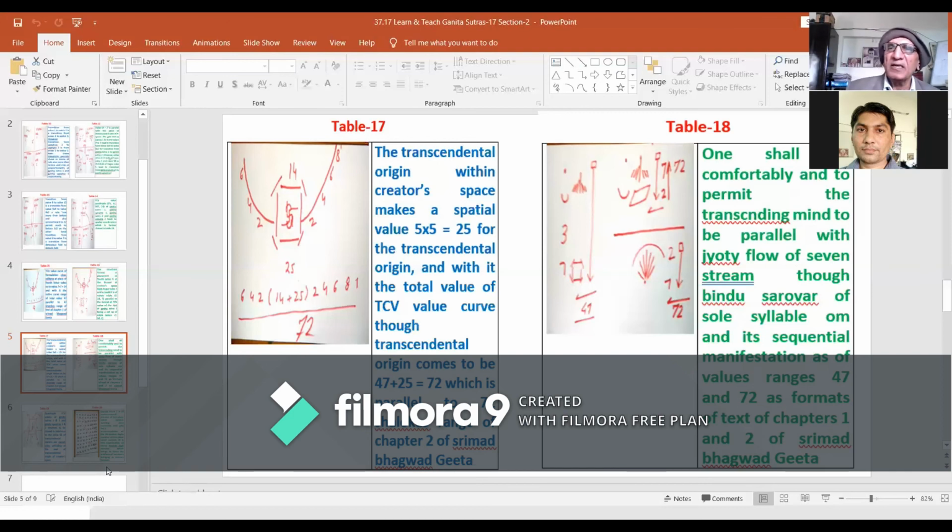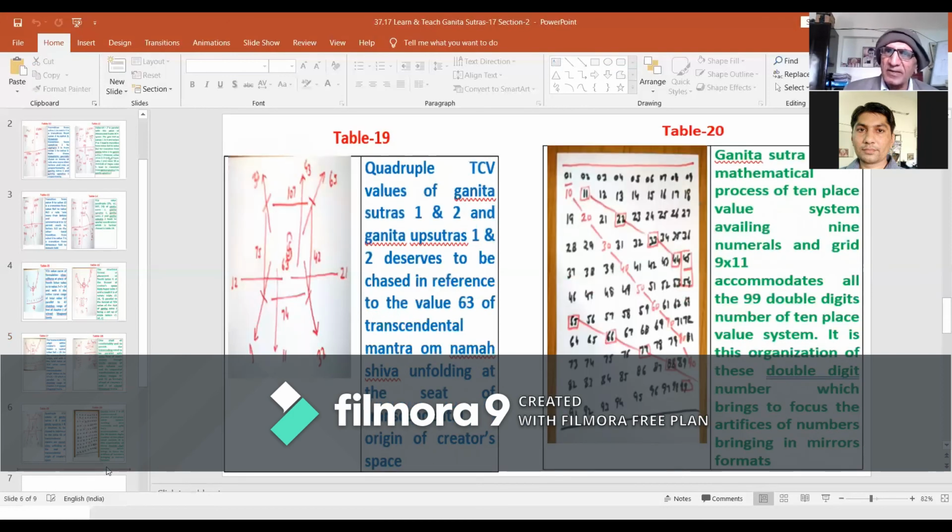Table 19 takes us face to face with the organization in reference to the transcendental origin of the TC values of quadruple hymns, that is Ganita Sutra 1, Ganita Sutra 2, Ganita Sutra 1, and Ganita Sutra 2. One shall sit comfortably and have a glimpse of this transcendental organization with the transcendental mantra Om Namah Shivaya unfolding from this seat of the transcendental origin.